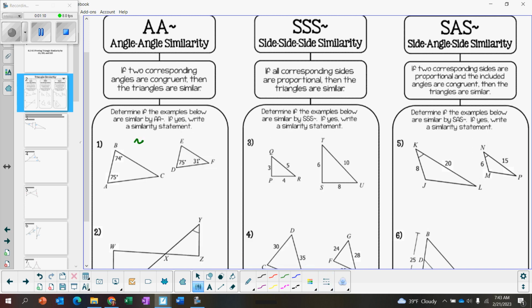All right, similar by AA. A similarity statement is when we say triangle ABC is similar to triangle... So A was the 75, B was the 74.